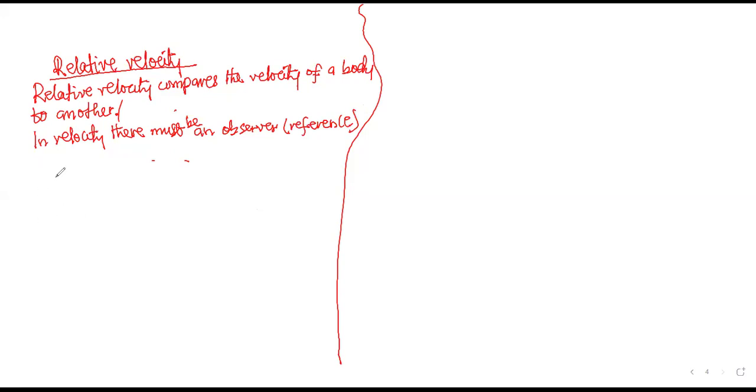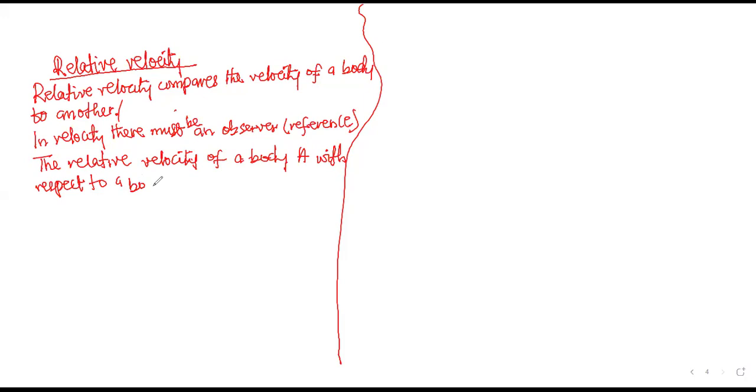So the relative velocity of two bodies A and B. The relative velocity of a body A with respect to a body B is written as this.